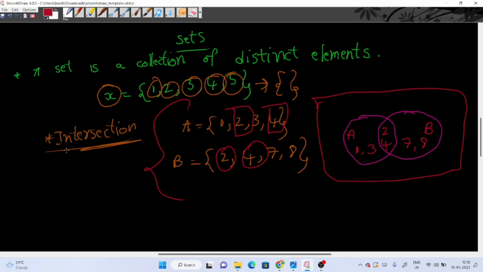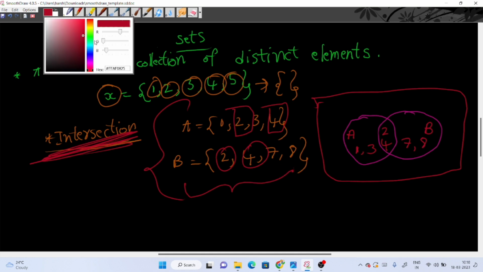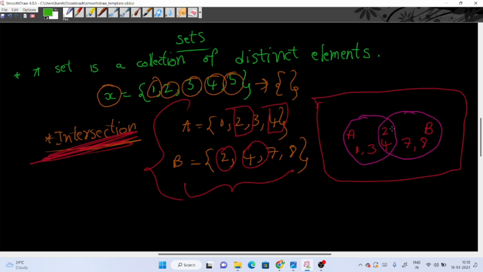Coming back to intersection, intersection means that while comparing two sets, we give the numbers which are in both the sets. For example, in A we have 1, 2, 3, 4 and in B we have 2, 4, 7, 8. Now let me show you which elements are common in both. Absolutely, it is nothing but 2 and 4, right?